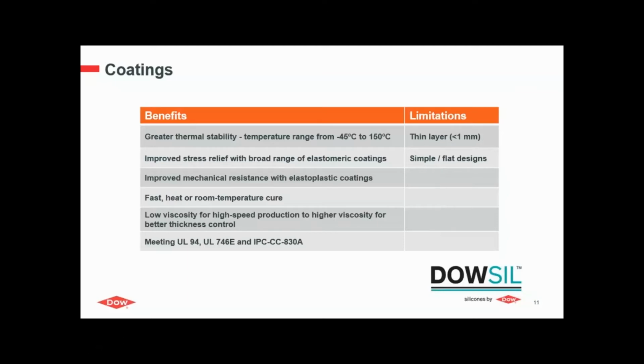All of our coatings meet certified agency ratings like UL 94 or 746 and some other specified ratings. Now regarding the limitations of the coatings, we recommend using them for thin layers, like less than 1 millimeter, and for simple or flat designs.